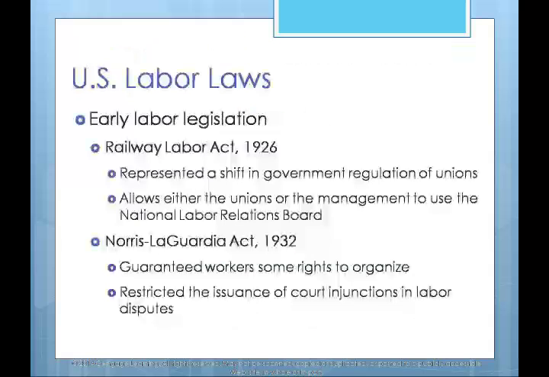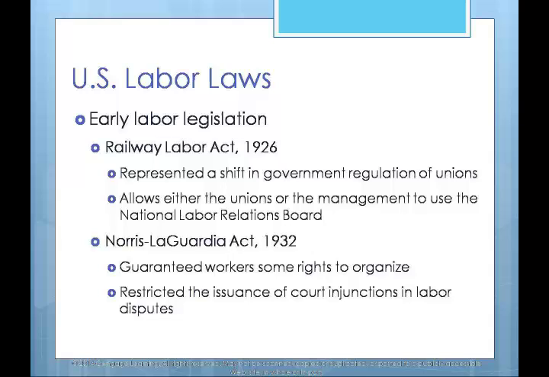The Railway Labor Act, basically, it was a shift from government regulations of unions, but it covers railroads, and it also covers airlines. And so it's a very different set of rules under the Railway Labor Act, and that was formed in 1926.